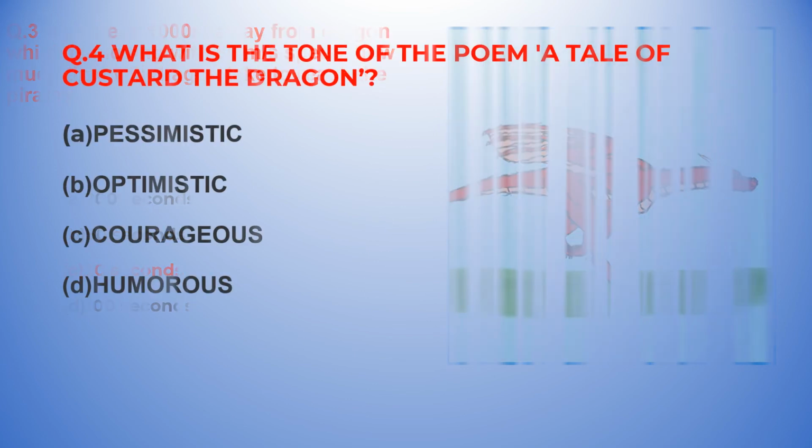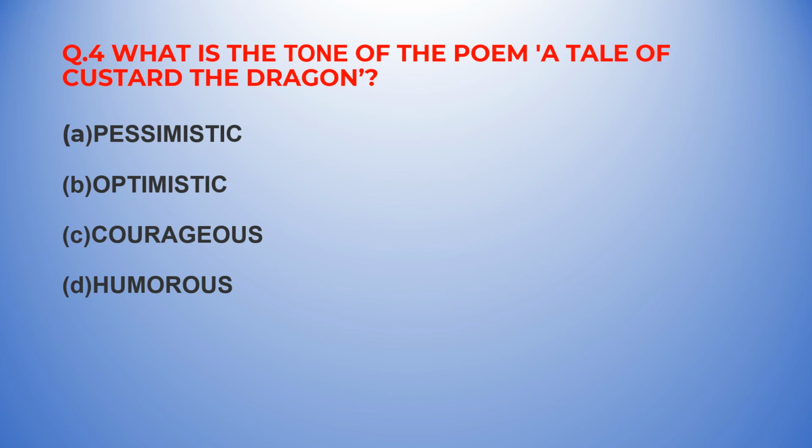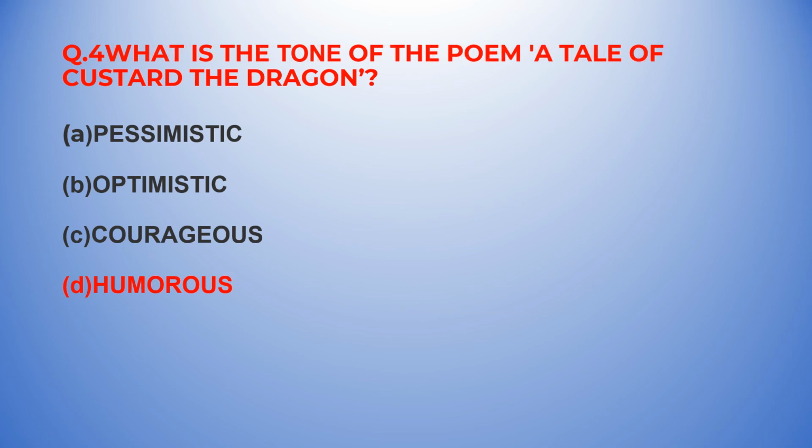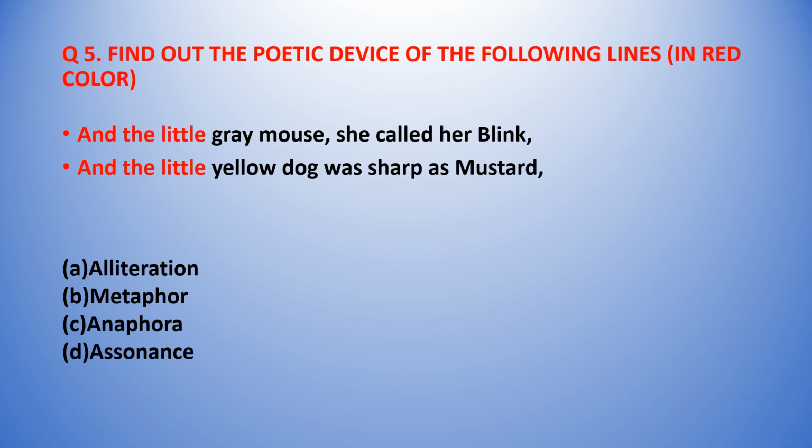Fourth question. What is the tone of the poem A Tale of Custard the Dragon? The options are pessimistic, optimistic, courageous, or humorous. And the correct answer is humorous. Next question. Find out the poetic device of the following lines in red color. And the little grey mouse she called her Blink, and the little yellow dog was sharp as mustard.